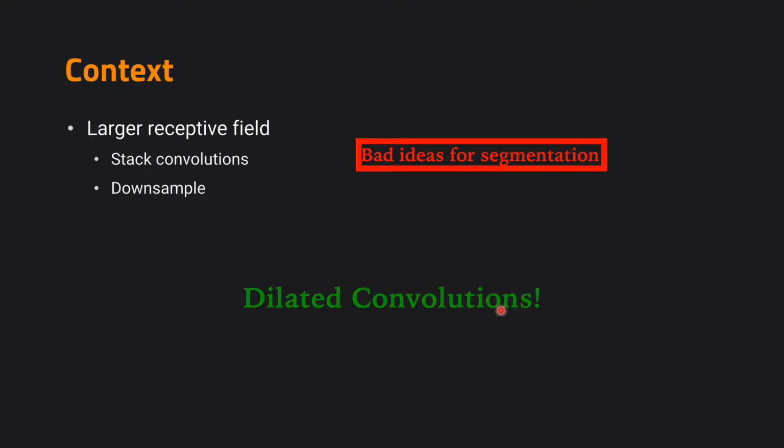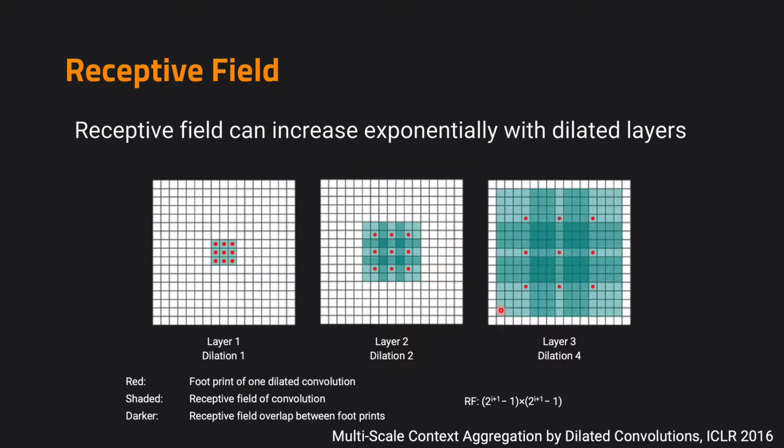And here we can turn to dilated convolutions again to have bigger context. This is related to a second property of dilated convolution. It can actually increase the receptive field exponentially without downsampling the input resolution. For example, here we are illustrating stacking three layers together, and for each layer we increase the dilation by 2.